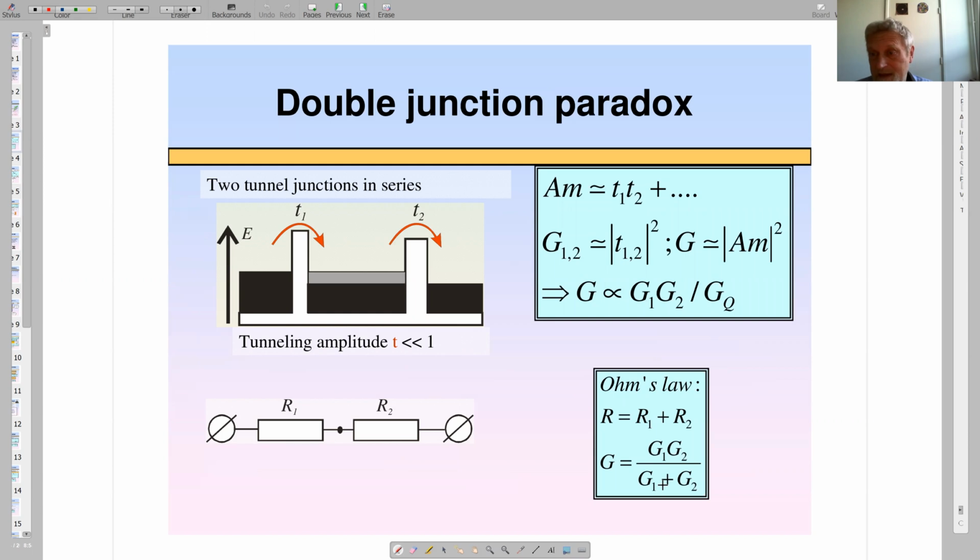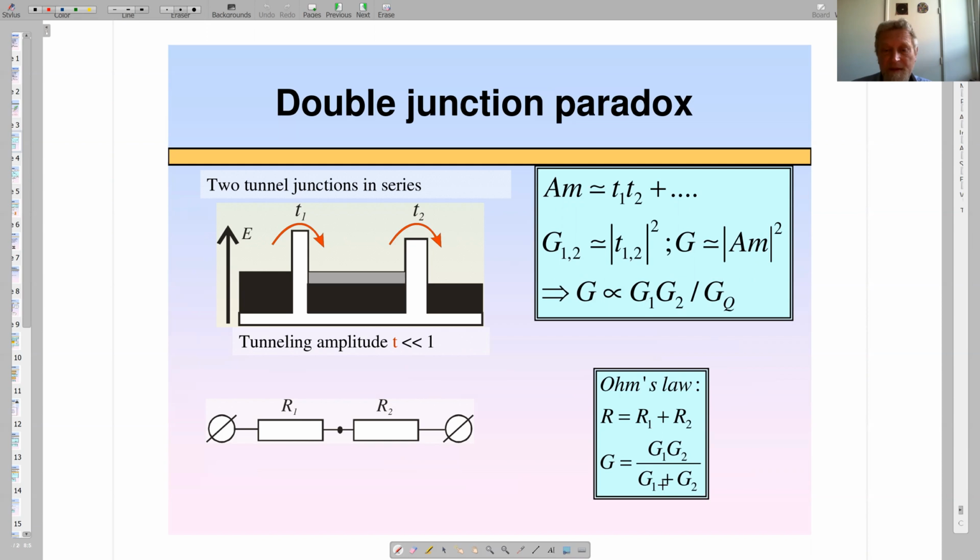The advantage of the system is that we know it in quite some detail. Remember, in the last lecture, we managed to compute full conductance through this double junction system by multiplying amplitudes and summing up amplitudes corresponding to different trajectories.